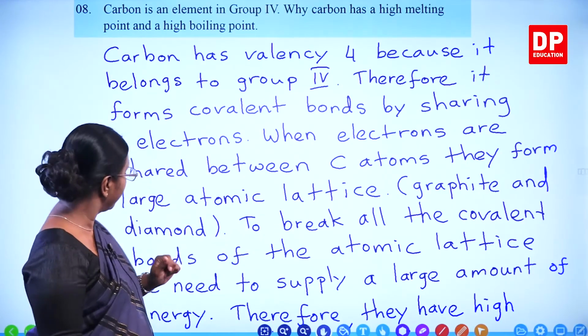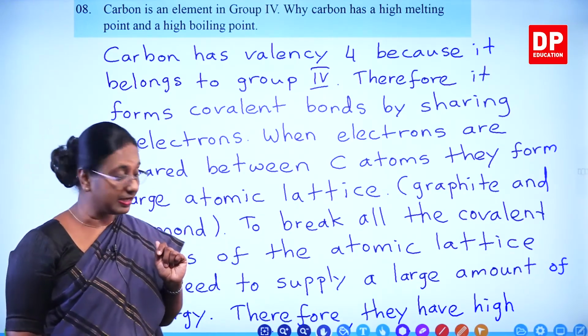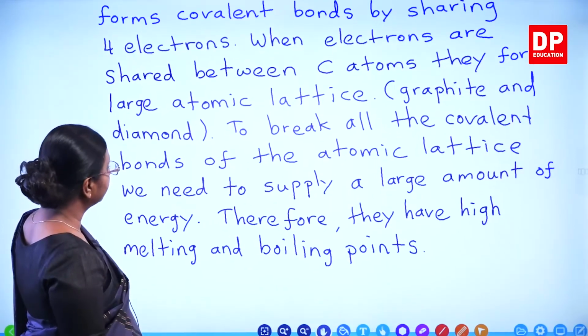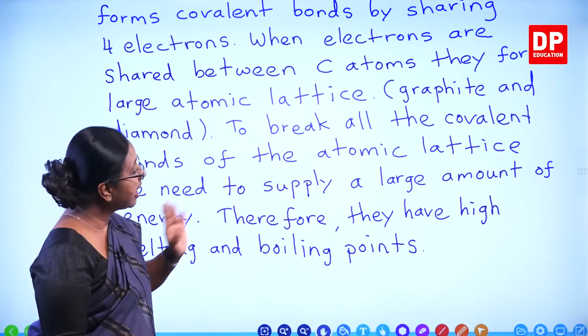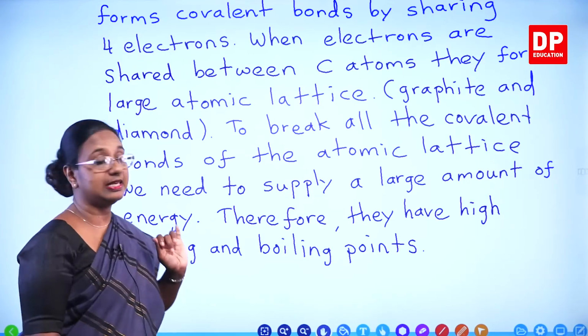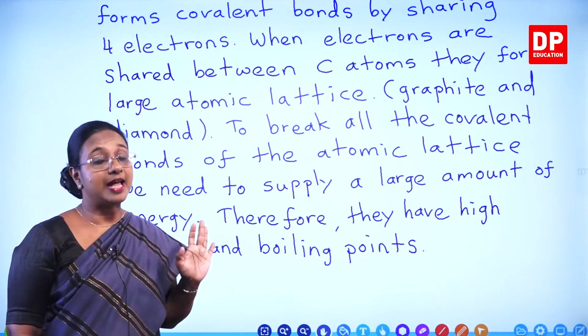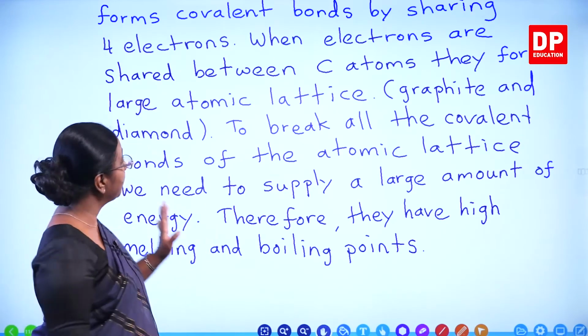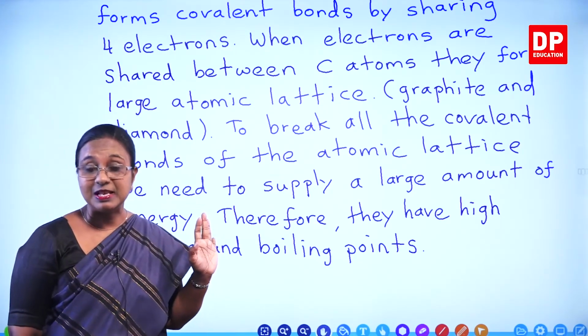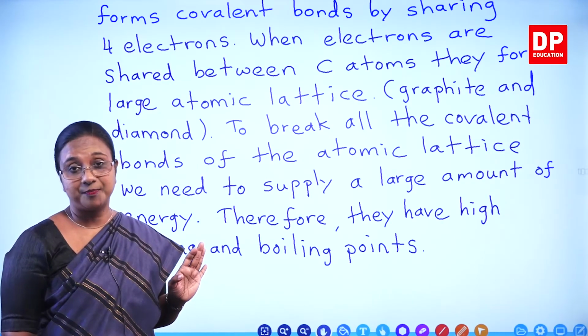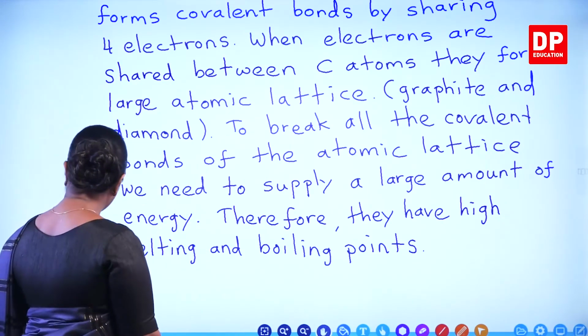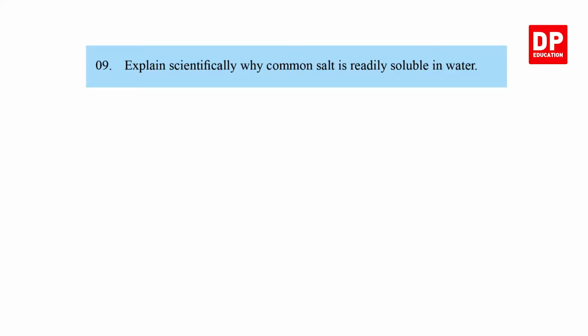And to break all the covalent bonds of the atomic lattice, we need to supply a large amount of energy. Therefore, they have high melting and boiling points. Is that clear to all students? So, I am sure you also would have written a similar answer, but make sure that you include all the points there. So, with that, I will move on to the next question, that is question number 9.